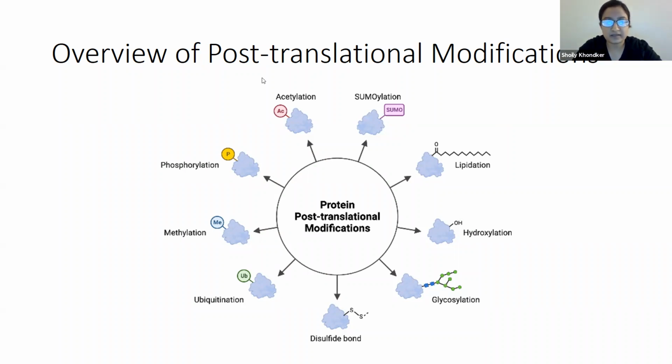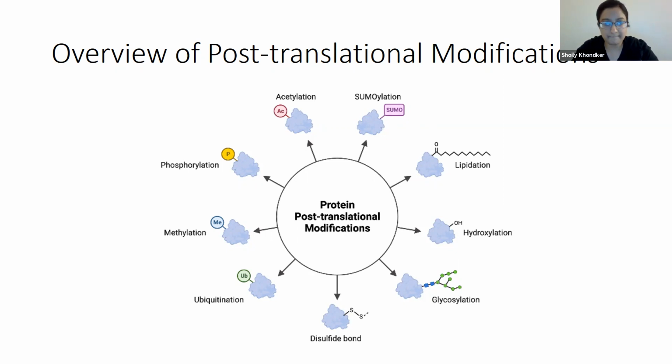This can include acetylation, which is the addition of an acetyl group, phosphorylation, which is the addition of a phosphate group, methylation, ubiquitination, and disulfide bonds, which we talked about in the context of bonds between cysteine residues. I'm not going to talk about glycosylation, hydroxylation, lipidation, or sumoylation, just because there's too much content to cover.